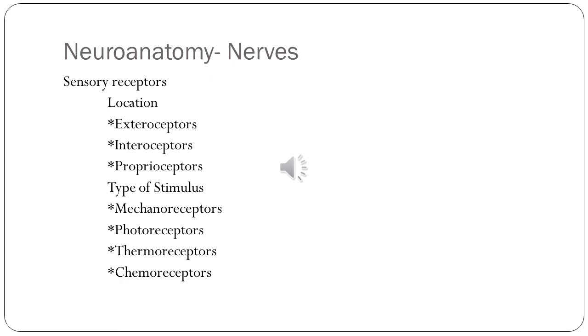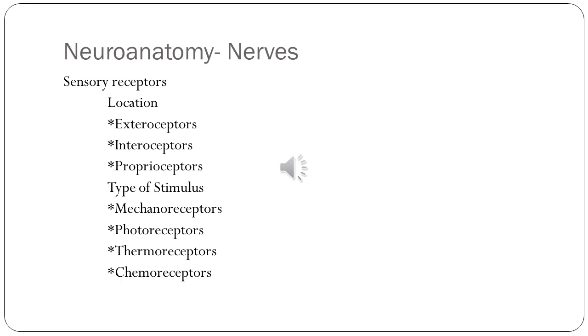So for sensory receptors based on location, we have a couple different types here. We have your exteroreceptors, which are receptors located near the surface of the skin. They're sensitive to stimulus outside of the body. So your sensory receptors that are close to the skin would be classified as exteroreceptors. Your interoreceptors are located internally.